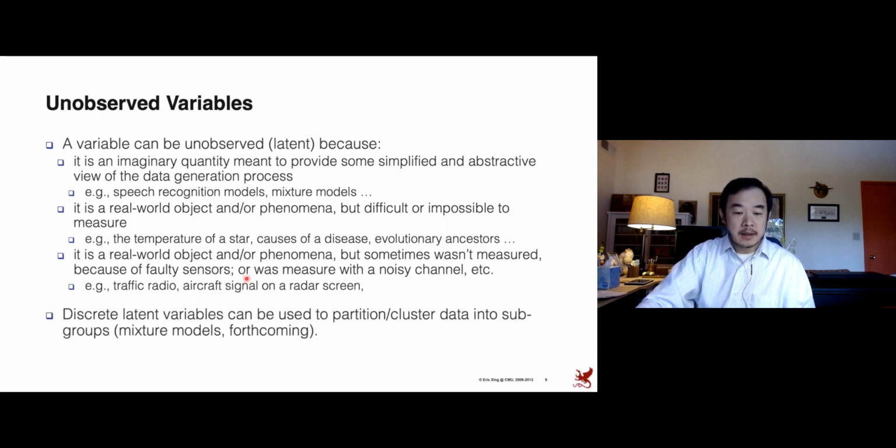So there are also two types of latent variables. One is discrete, the other is continuous. I talked quite a bit about the continuous ones already, such as temperatures, such as radio signals. But discrete random variables, you already saw, right? These are cluster membership of points, group membership of points.